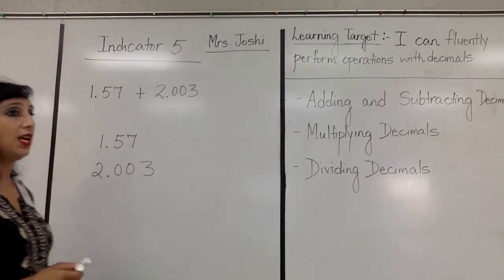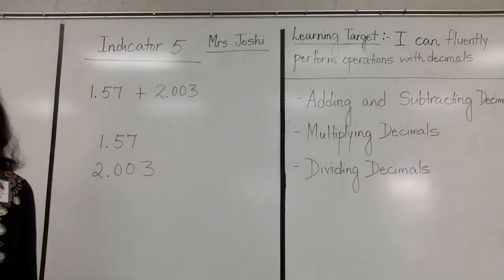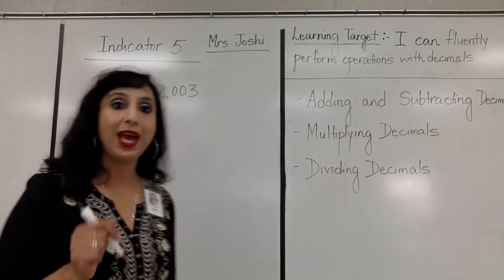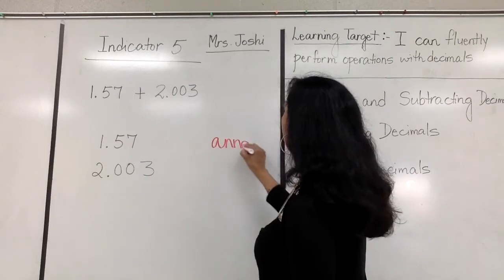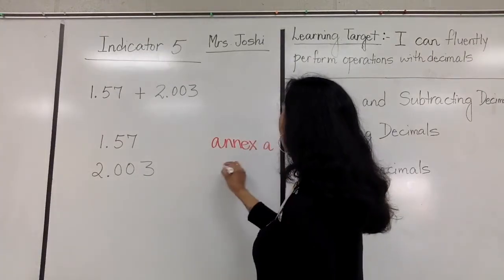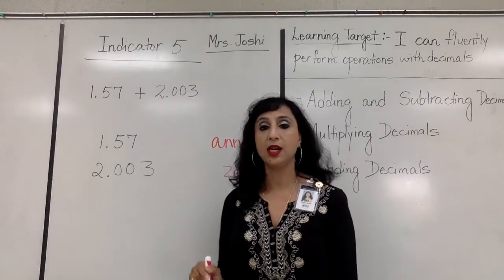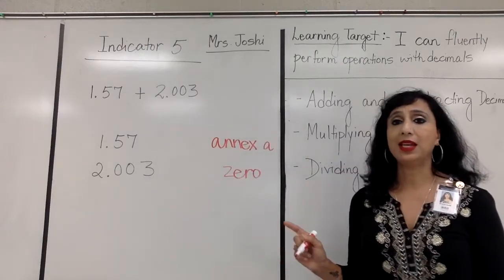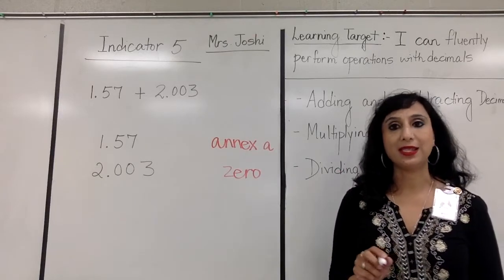Now, as you can see, there is nothing over here, so we are going to annex a 0. Annex a 0. That is the mathematical term that we need to remember. Annexing means inserting a 0 in all the empty spaces.